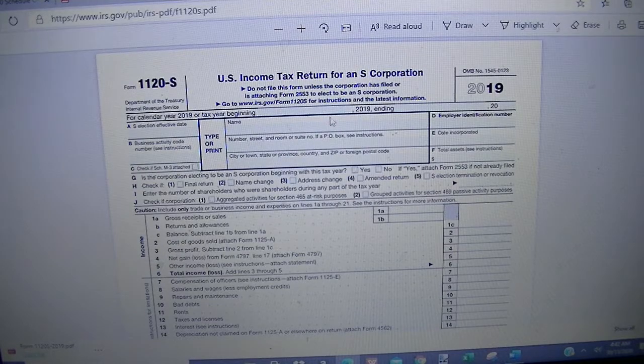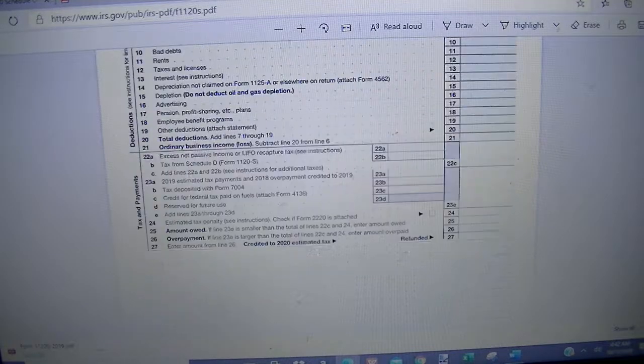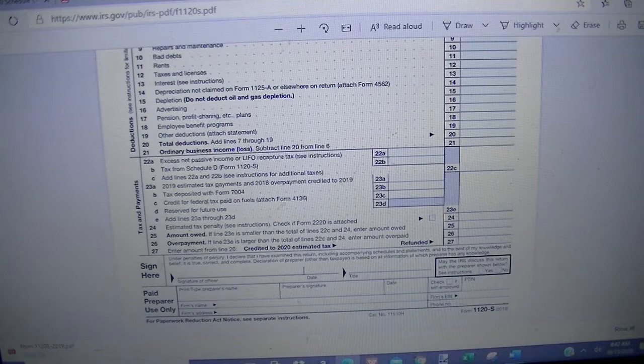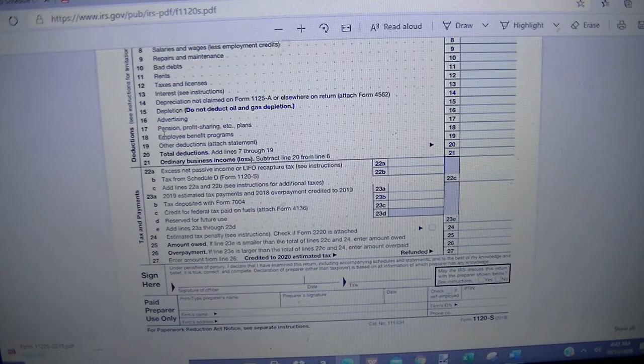You put the business name, the EIN number, and the form you are trying to file, Form 1120S, and you put line 19, other deductions, and you list all the deductions that you are trying to group here in a table with the dollar amount related to each.